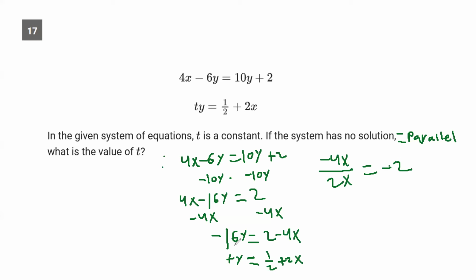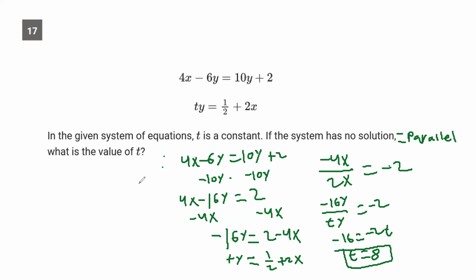So the negative 16 over ty has to also be negative 2 because you want them to have the same slope, which would make them parallel. And you don't need to write out the y's because they would cancel out. Equals negative 2. So you got negative 16 equals negative 2t, and then you get t equals 8.